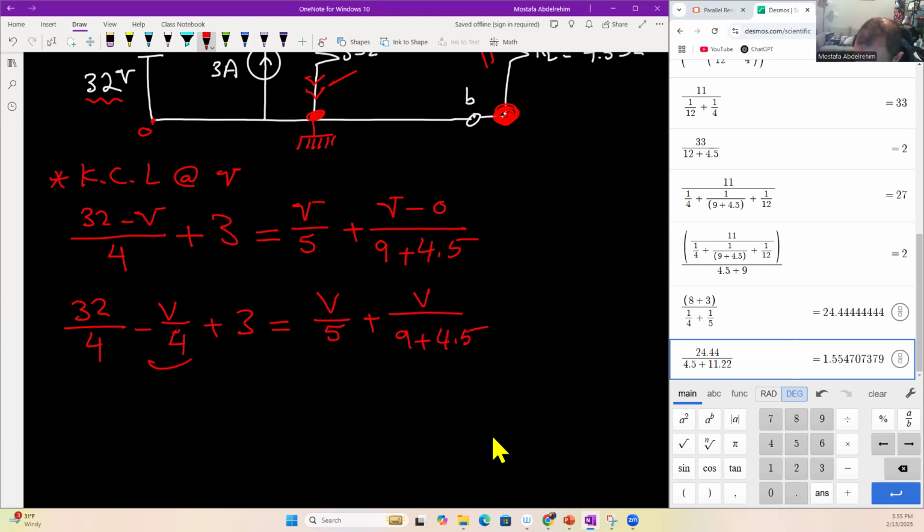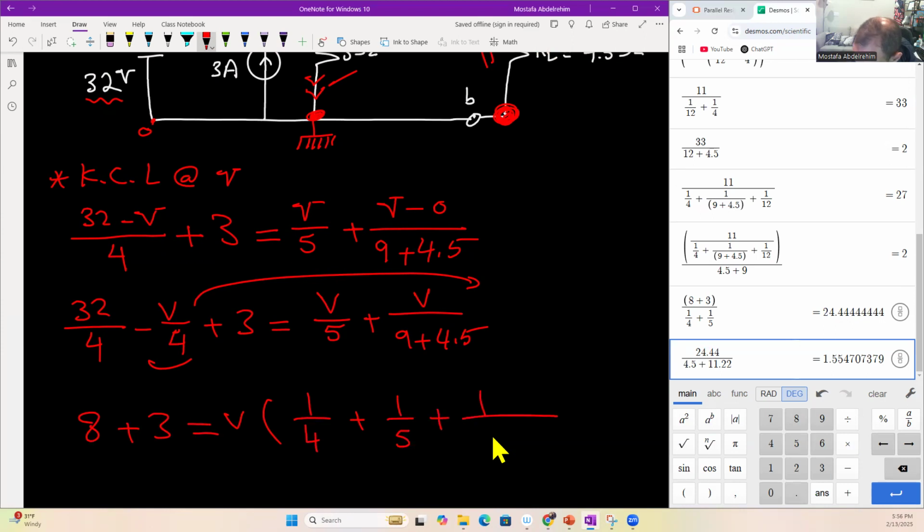Let's bring this V over 4 here. So 32 divided by 4 is 8, plus 3 equals V times 1 over 4 plus 1 over 5 plus 1 over 9 plus 4.5.